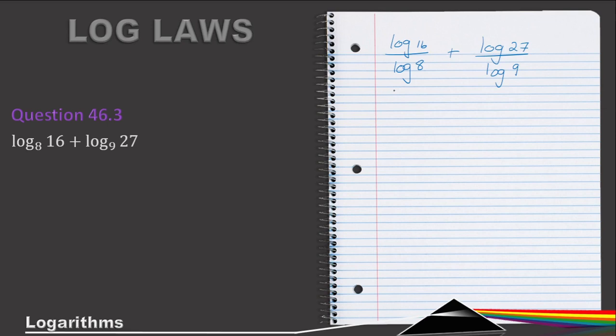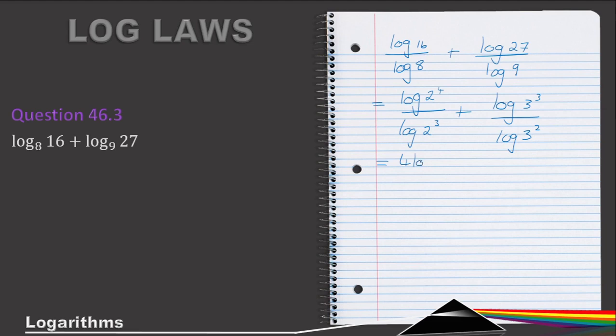Okay, prime factors, so 2 to the power of 4, then 2 to the power of 3, then we have 3 to the power of 3 and 3 to the power of 2. So basically I put everything in their exponential form or prime factors, and then we can use the third law, taking the exponent of the numerical value and placing it in front of the log.